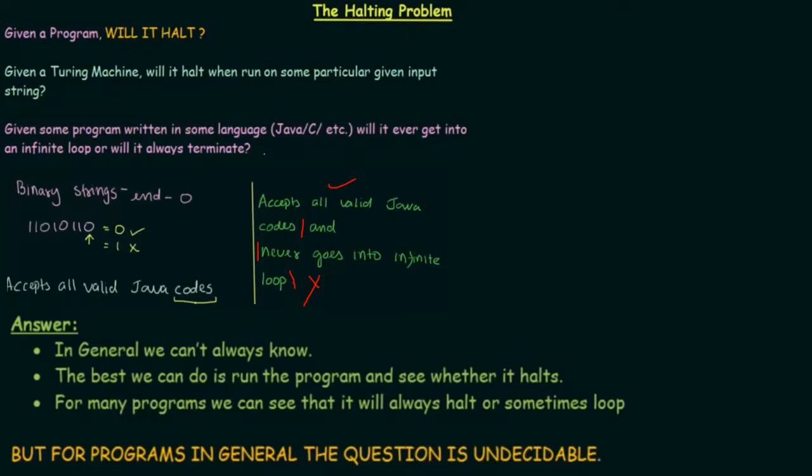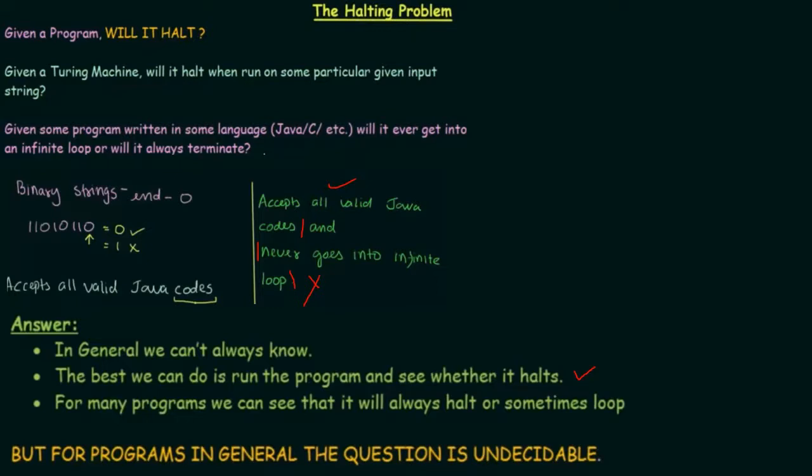Now the answers to these three questions are given here. Given a program, will it halt? In general, we cannot always know. It is not possible to know. Given a Turing machine, will it halt when run on some particular given string? The best we can do is run the program and see whether it halts or not. So it is just a test and fail method. It is not a conclusion, rather a testing and validation method.